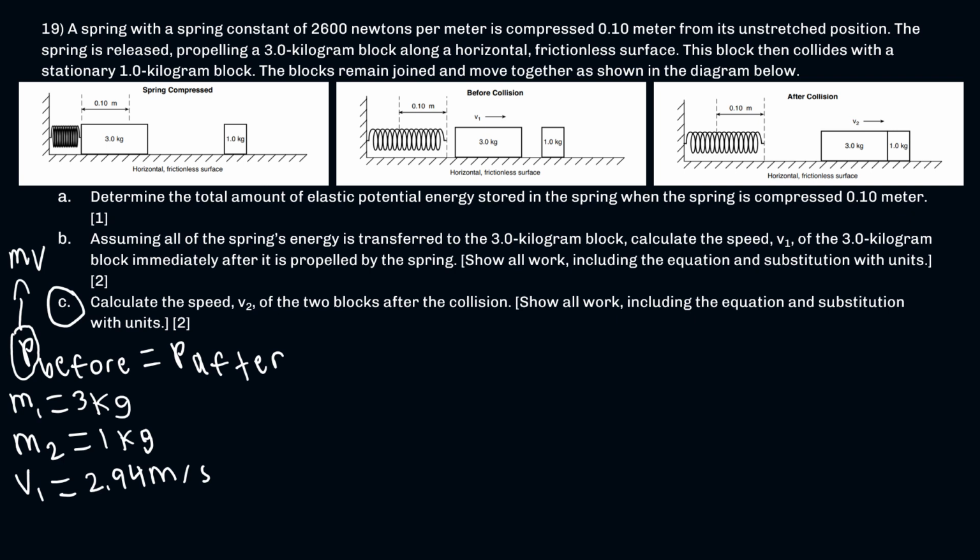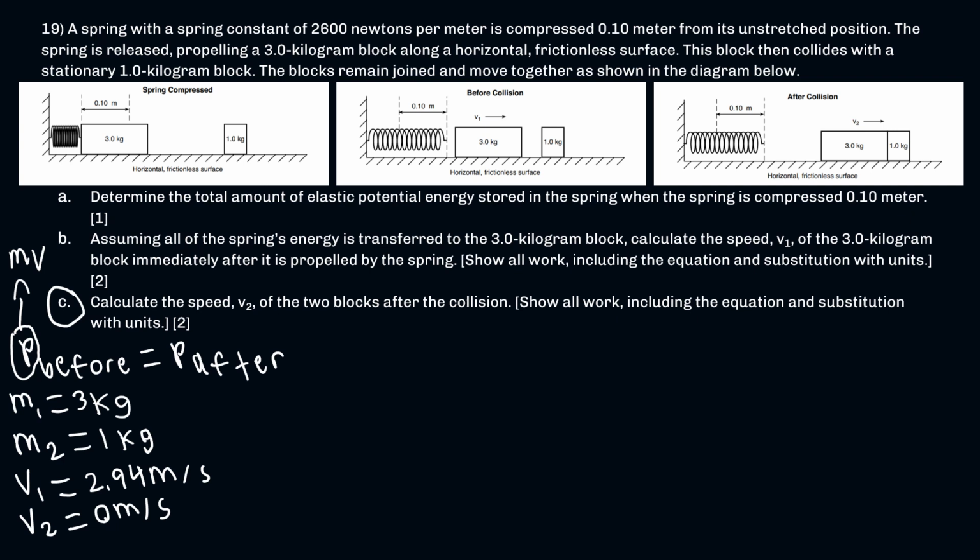It tells me that originally this block is going to be stationary: this block then collides with a stationary 1.0 kilogram block. So that is going to be V2. And since it is stationary, that means it is at rest. At rest is 0 meters per second. I know that part C says we'll solve for V2. I'm going to show you what my version of that variable is going to be in a second.